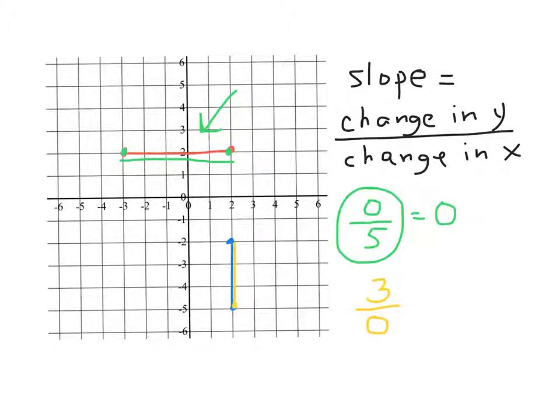So I have 3 divided by 0. Well, it's not possible to divide by 0. Anytime you divide by 0, we say it's not possible, or the mathematical term is it is undefined. So, anytime at all that you have a vertical line, we always say that its slope is undefined. It's not possible to have that slope.